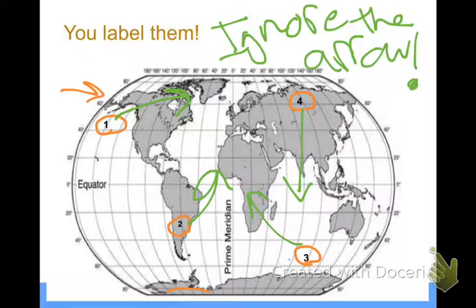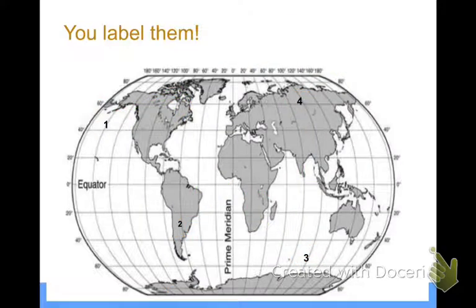But again, when you name air masses, they're named based on the conditions it formed over, so it doesn't matter where it's going to move to. So whenever you see the arrows and it comes to naming them, you always ignore the arrows and name it based on where that air mass formed. I wanted to point that out because I don't know if I've ever seen a diagram that didn't have the arrows on it. So I wanted to make sure you were aware of that.